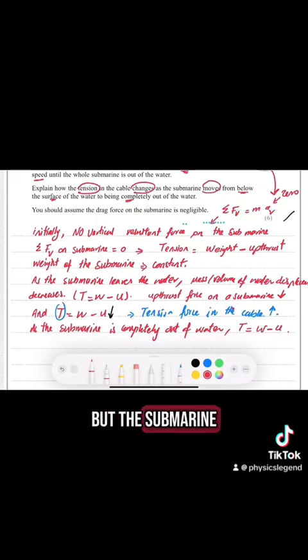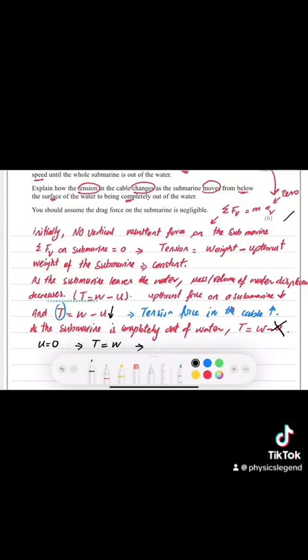But the submarine is already completely out of water, so what do you think about the W or the U? There is no more upthrust force. There is no fluid to displace. So the U is 0 as an upthrust force. So now T equals W. So now it's the whole load on the cable. So the tension in the cable is going to be more and more.